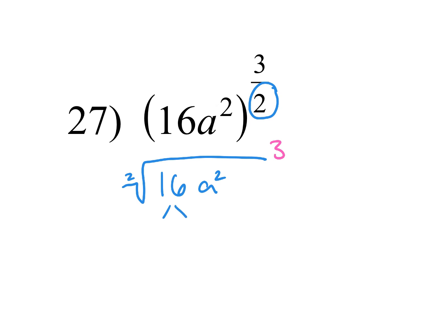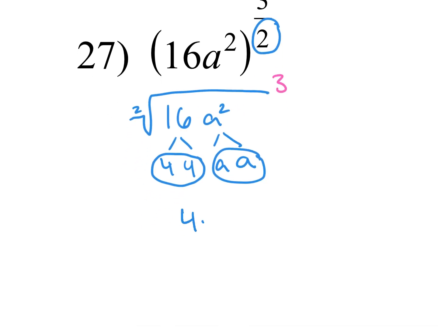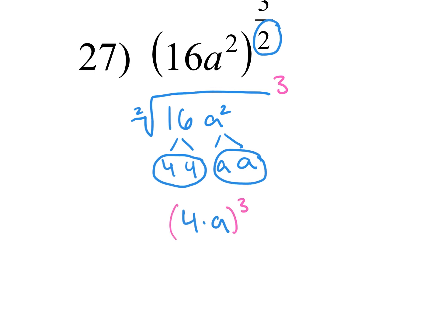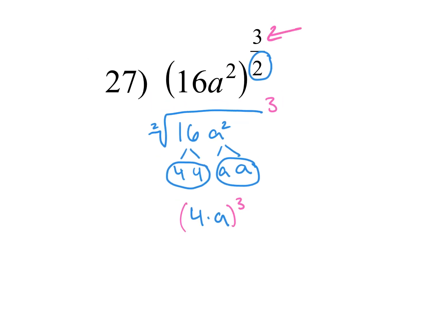So what are two factors of 16? 4 and 4. I'm circling groups of what? Groups of 2, so I could stop there. And then I also have 2 a's, so I could circle those too. So what comes to the outside? 4 times a. But it's 4a to the third power. We can't forget about that third power up top.